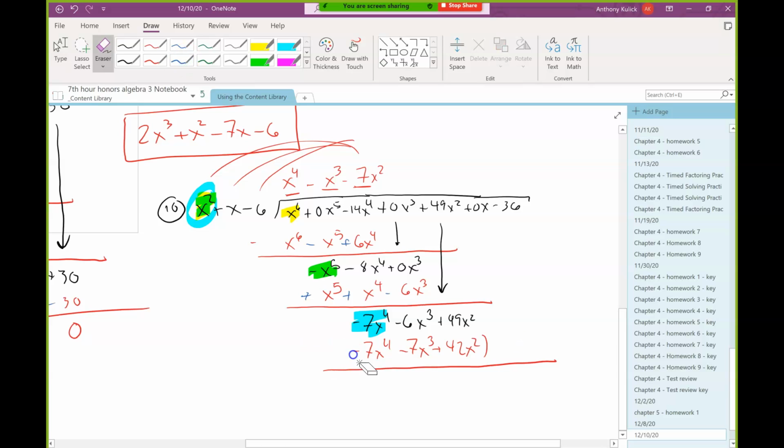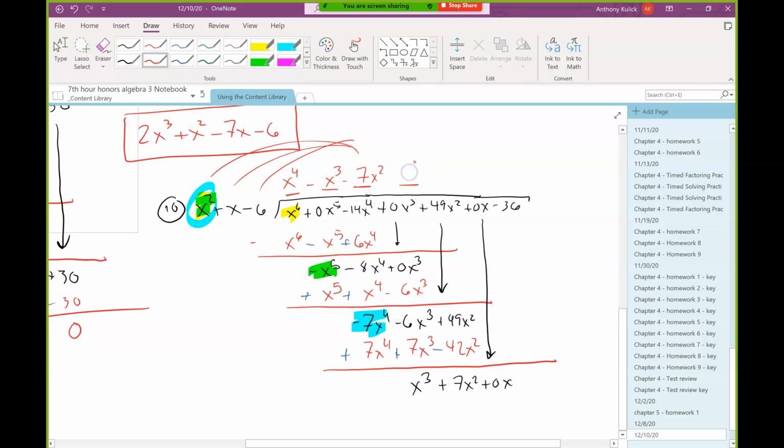Distributing through our negative. Negative of a negative is a positive. Negative of a negative is a positive. Negative of a positive is a negative. Adding down, 0, 1x to the 3rd, 7x squared. Bring the next one down.